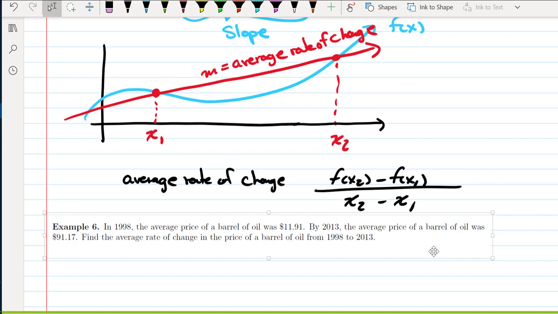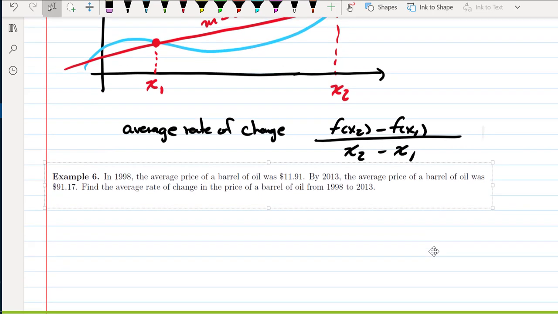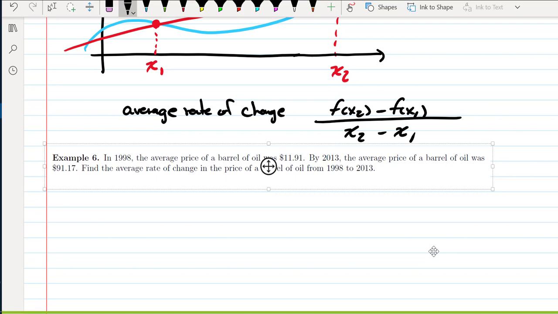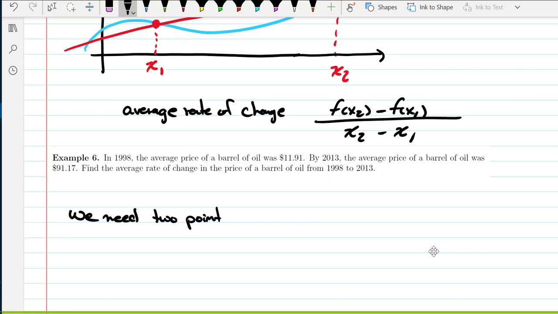So, to find the average rate of change, what do we need to know? 2 points. So we need 2 points. So we need an x and a y that pair together. So our first one is in 1998.